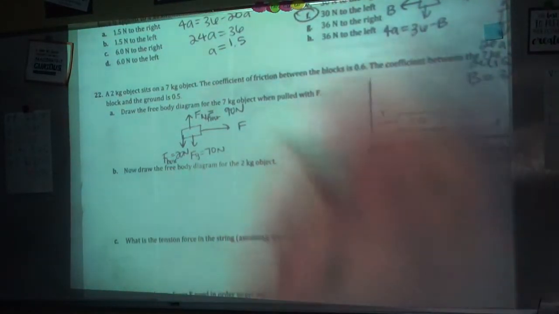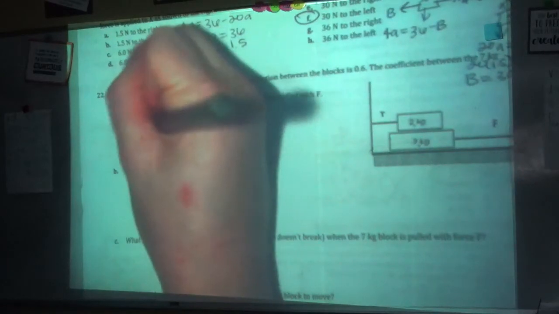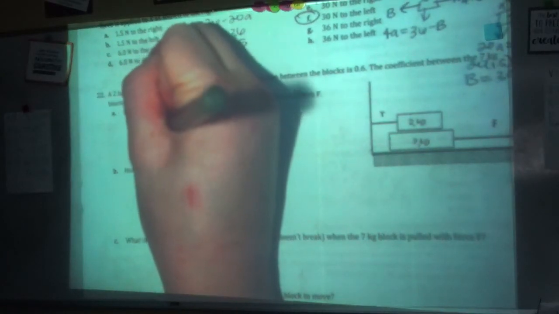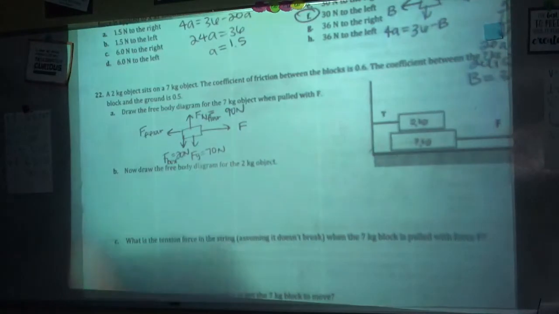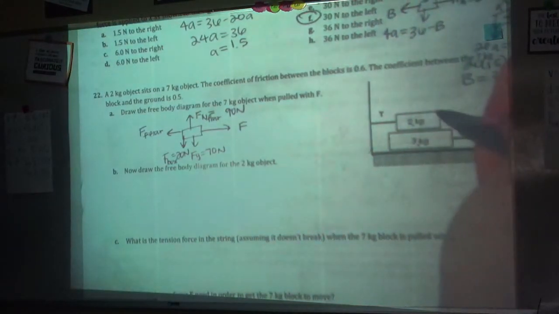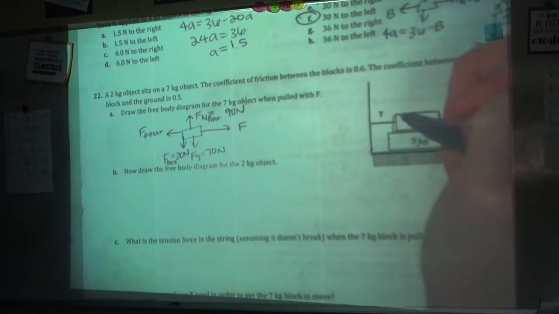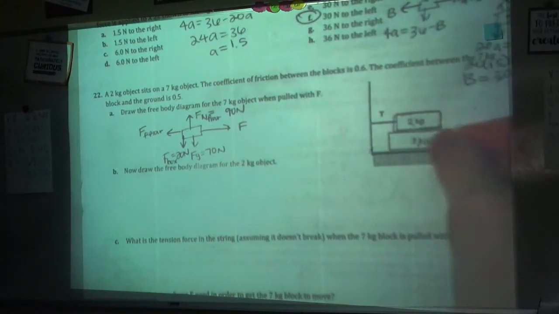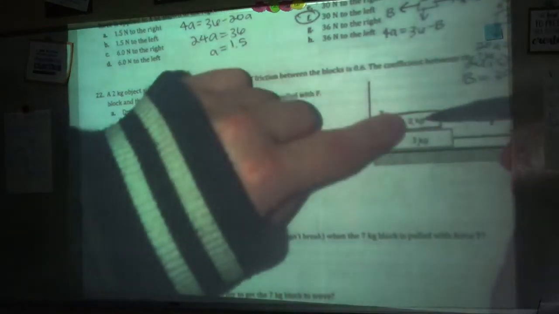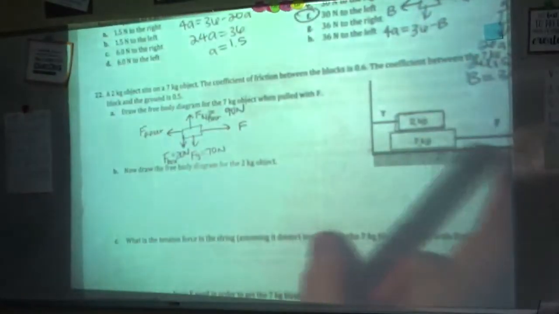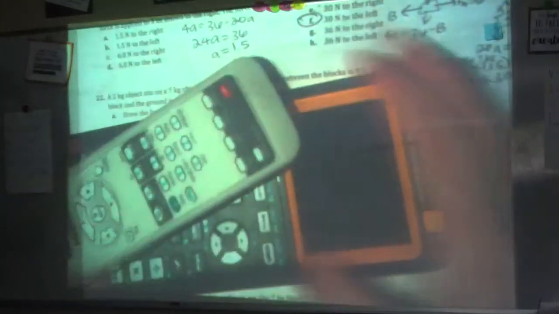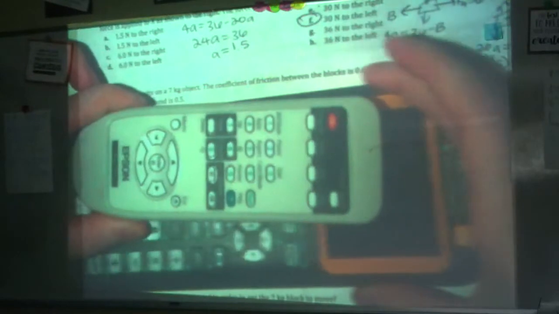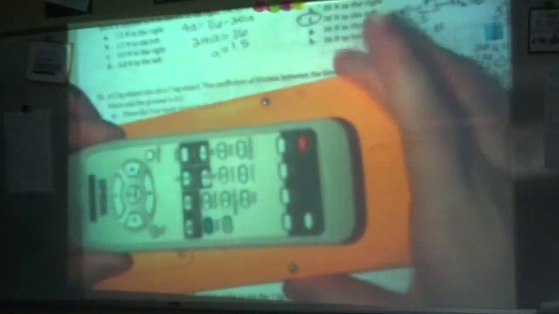And then we have friction going against it. So there's friction from the floor. And this is the tricky part, you also have friction from this object right here. So in addition to the floor slowing it down, we also have the friction of this box. So think about if I have this on top of this guy and this one's being held in place, when I pull this one, these two are also rubbing together.